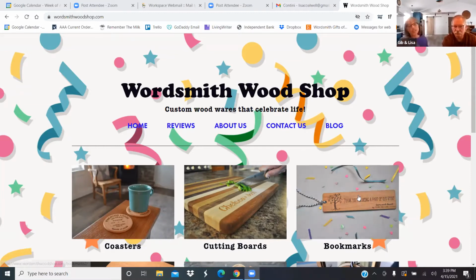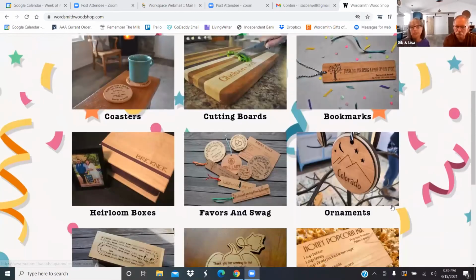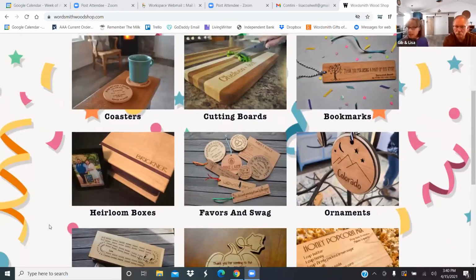Is it okay? So this is the look that we're now considering, with a new tagline. Our old tagline was something about create delightfully unexpected gifts with words on wood, which, as John said, is pretty wordy. So we thought that almost everything that we do, coasters and cutting boards, bookmarks, boxes, ornaments, birthday favors and party favors and business swag, games, it's all basically fun stuff.